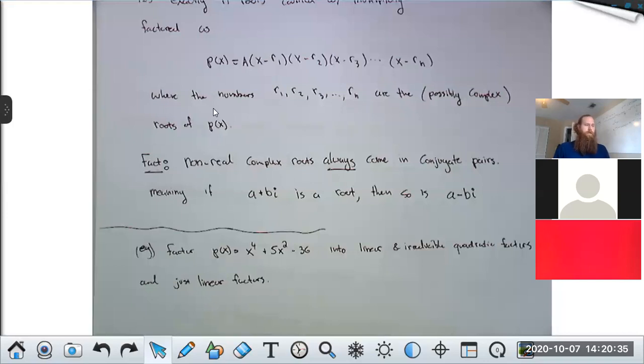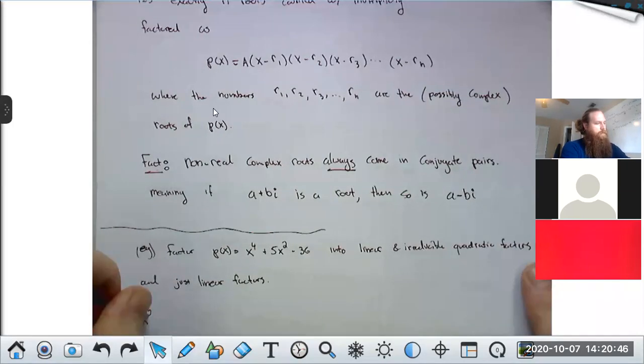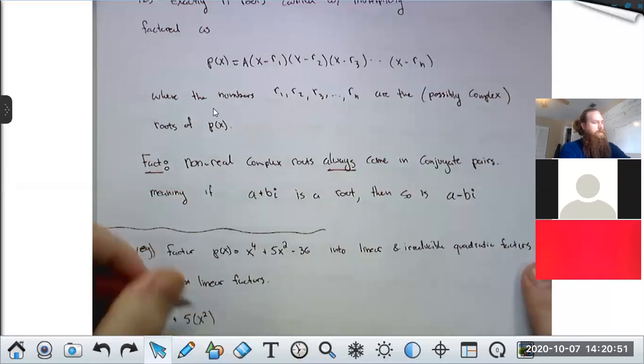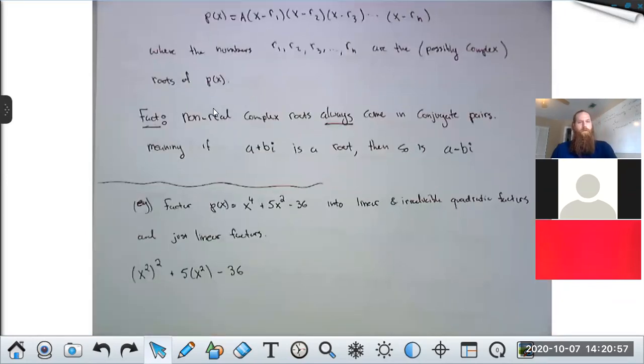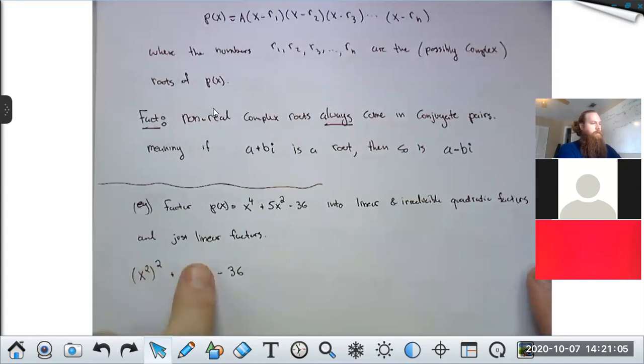The trick to factoring this particular polynomial p is a substitution, where you think of this as x squared squared plus 5x squared minus 36. So in other words, it's kind of like u squared plus 5u minus 36, and we want to see if I can factor that.